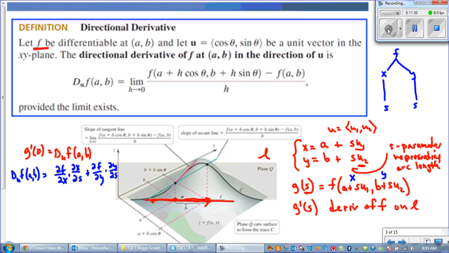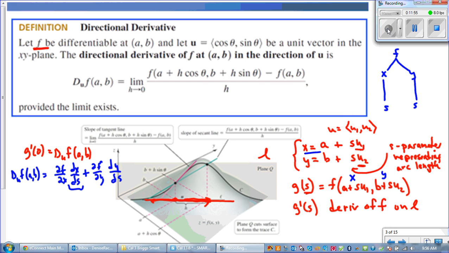Now notice that actually these didn't need to be partial derivatives. This is just the derivative of X at S, and this is just the derivative of Y at S, since there's only one variable. But what's the derivative of X at S?